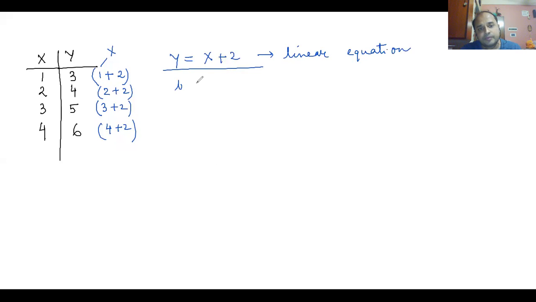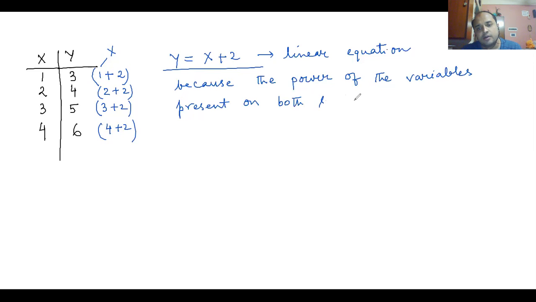Because the power of the variables present on both sides of the equation is 1. Here y has power 1, here x has power 1. So such an equation is called a linear equation.